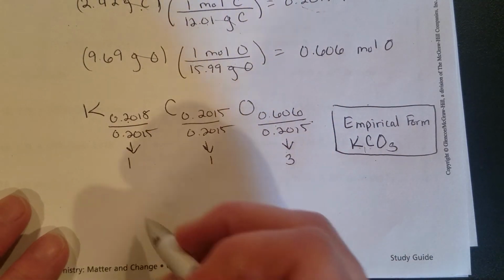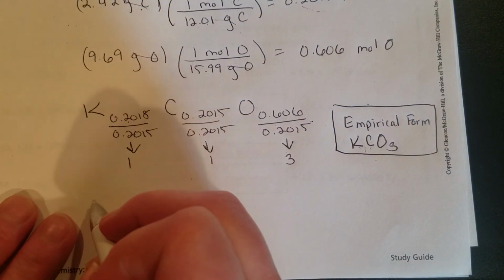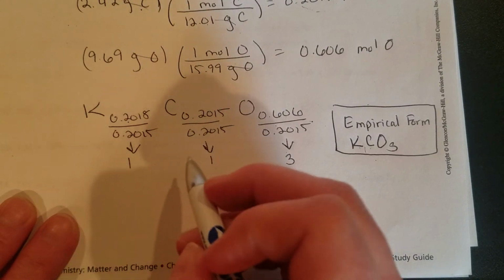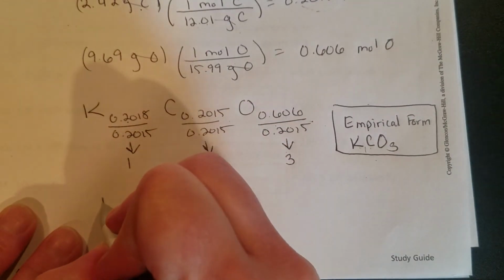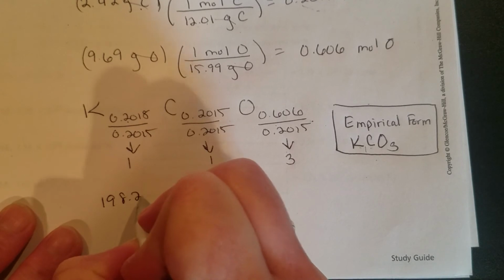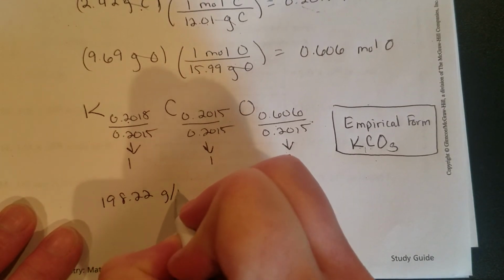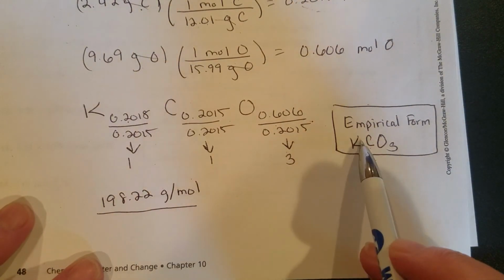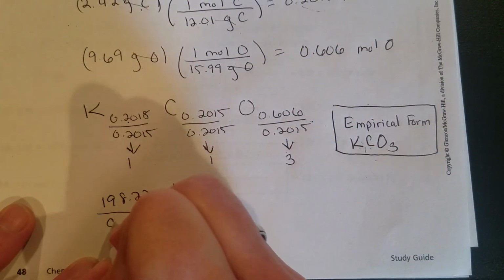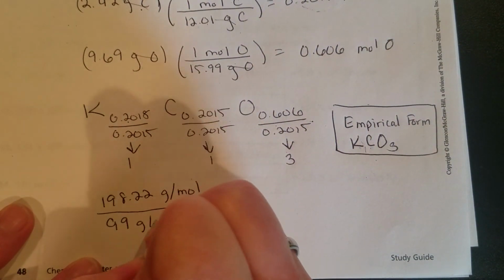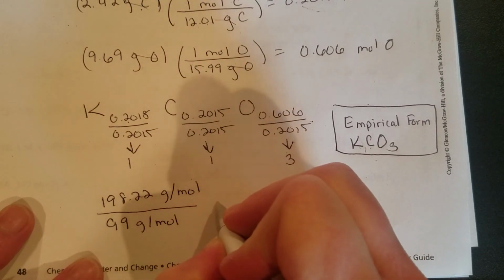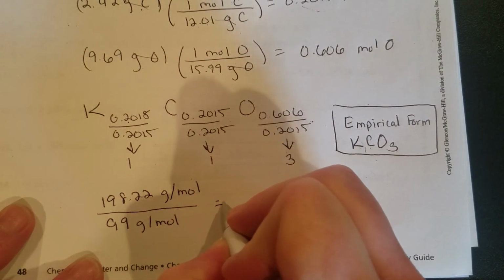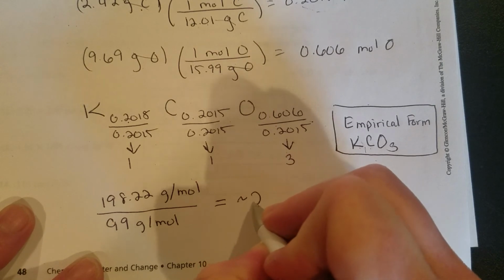Our molar mass of our compound from above is 198.22 grams per mole according to our problem. If we calculate it from our empirical formula, we come out with about 99 grams per mole. If we divide those two numbers, we get approximately 2.